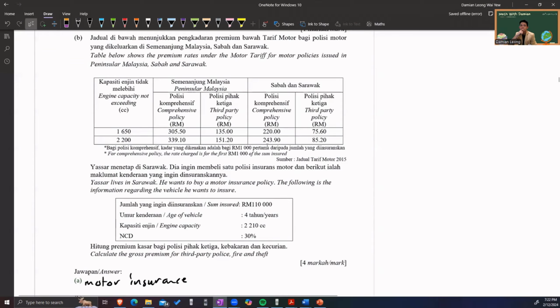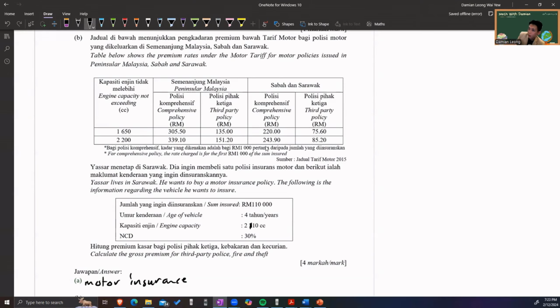The question is set wrongly. The engine capacity 2,210 exceeds the 2,200 here. By right, they should either put 2,300 or set this to maybe 2,110. It shouldn't exceed that CC.